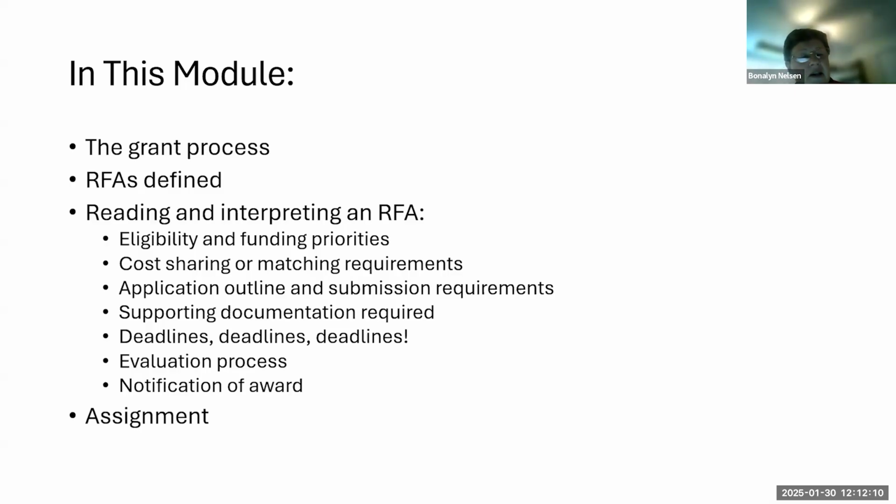It'll tell you about any supporting documentation that is required. For example, if you want to build a new structure, you may have to provide blueprints. You may have to provide financial information that attests to your ability to raise additional funds. You may be asked to provide a resume, financial statements, or virtually anything.